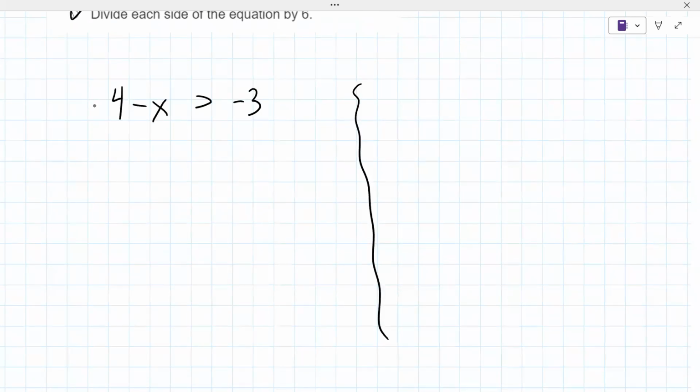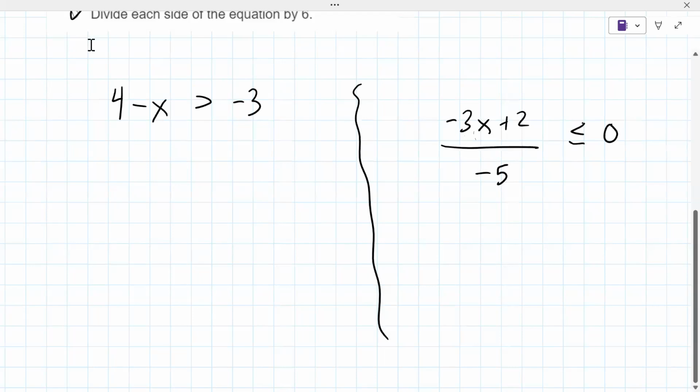Let's go: 4 minus x greater than -3. Have you try that one, and then do (-3x plus 2) over -5 less than or equal to 0. Let's try that. And -4.